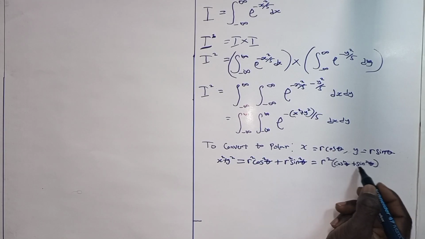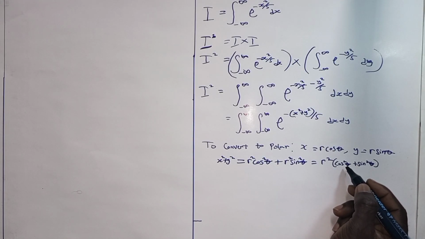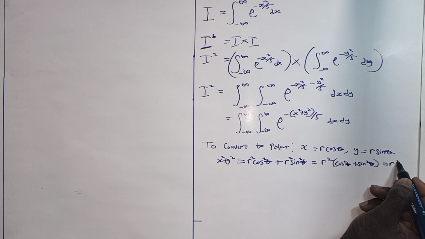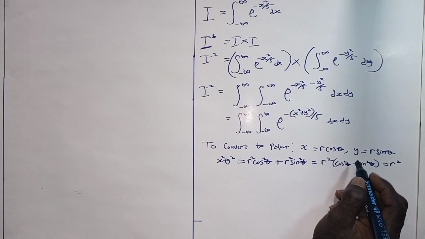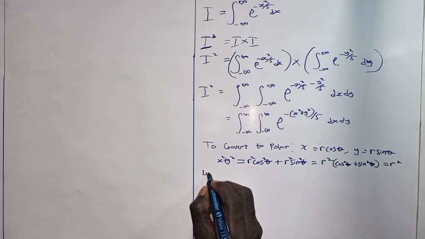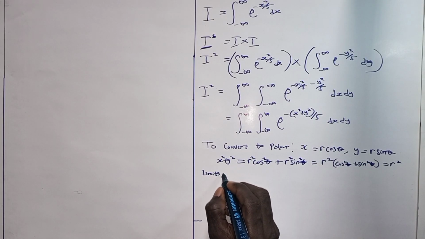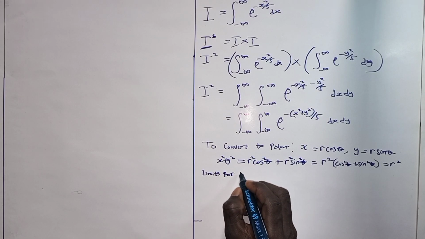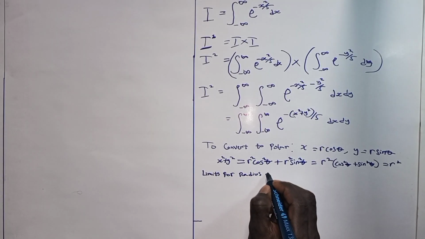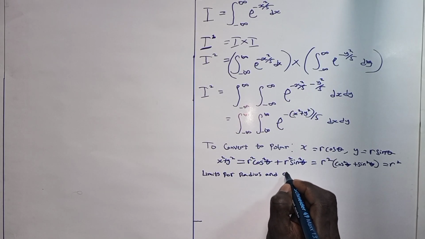And we know from our trigonometric identity that cos squared theta plus sin squared theta is 1. So this gives us r squared. So now let's get the limits for the radius and the angle.